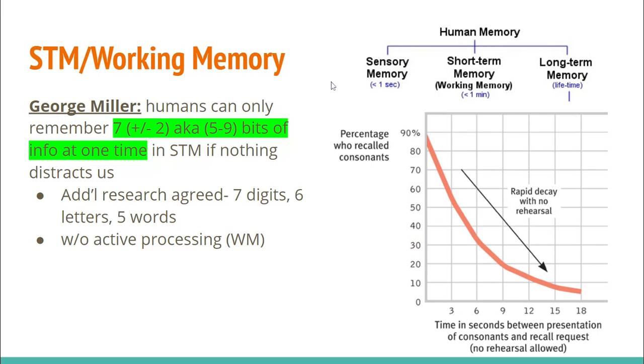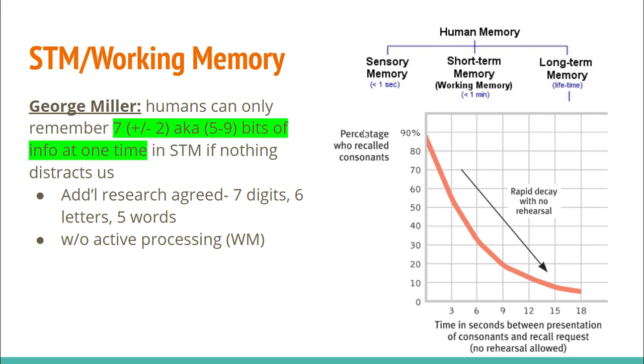So, short-term and working memory, what this looks like. A couple of things you need to know. While we are rehearsing, going over things, some psychologists, for instance George Miller, found that humans really only remember 7 numbers, plus or minus 2, so between 5 and 9 bits of information at one time.